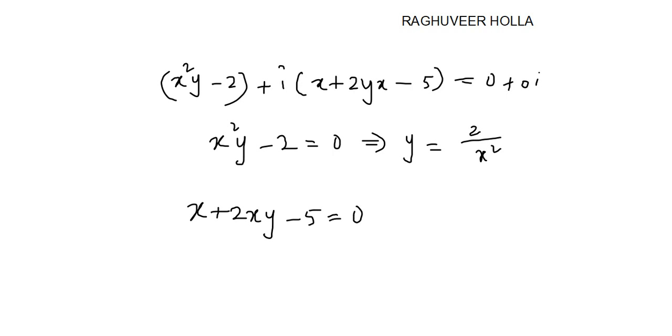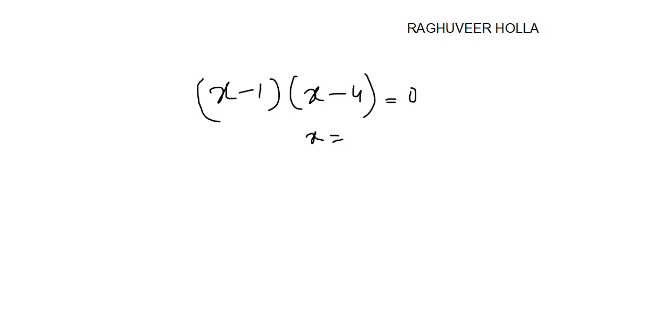Now substitute this y value, which you earlier got, in this equation. So if I substitute it, I get a quadratic equation which is x minus 1 into x minus 4 is equal to 0. Now you got x values which are 1 and 4.